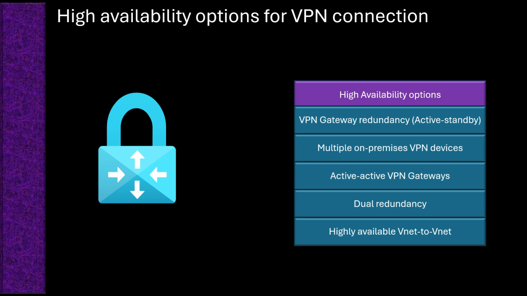There are five fundamental design patterns that you can think of, such as VPN gateway redundancy, which is active-standby mode, multiple on-premises VPN devices, active Azure VPN gateway, dual redundancy, which is a combination of active Azure VPN gateway and multiple on-premises VPN devices, and highly available VNet-to-VNet connectivity. Let's discuss each design pattern in detail.